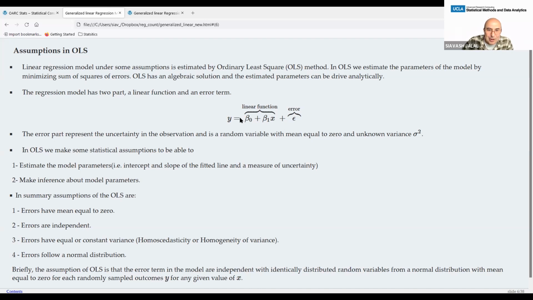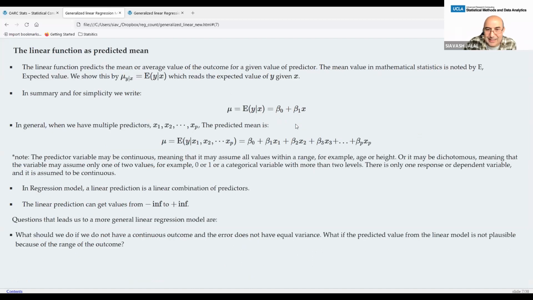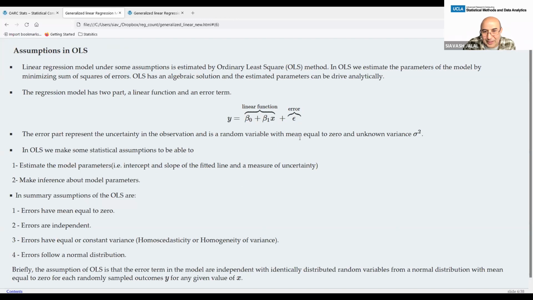If you look at this model, there are 2 parts. One is a fixed part for given fixed x, and one part is the error part, which is a statistical uncertainty part of the model.